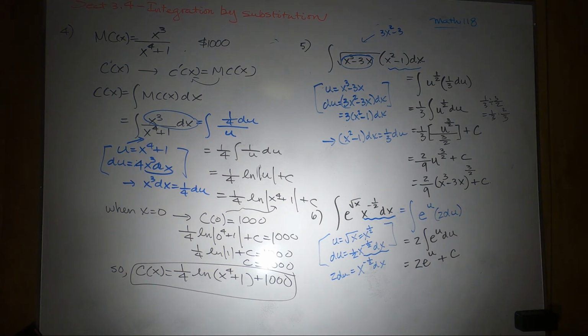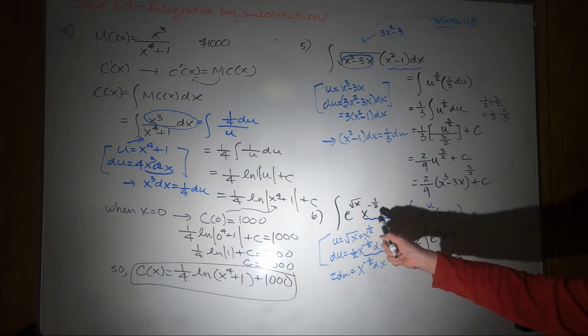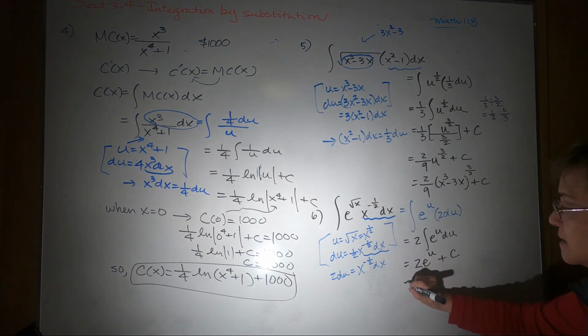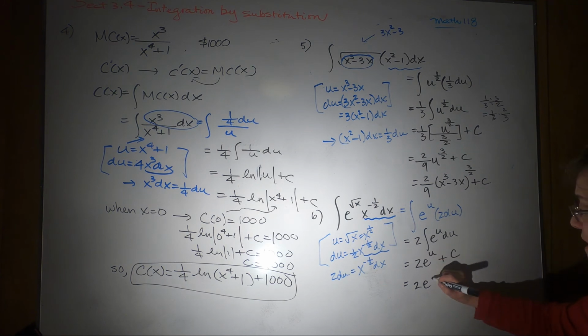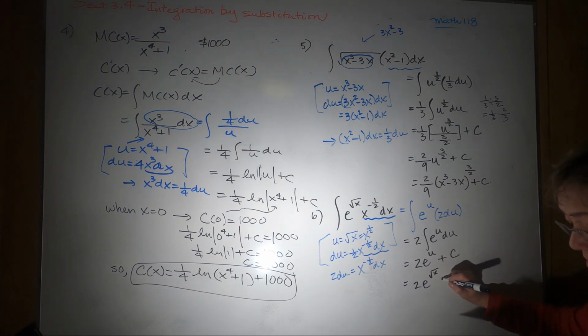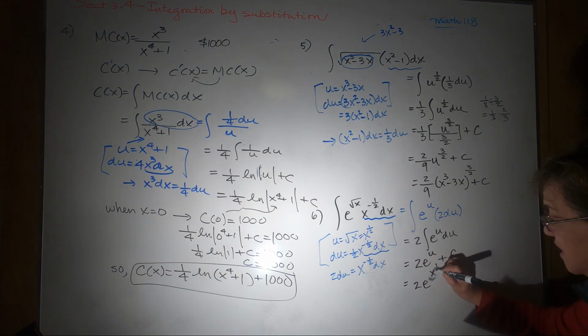Okay. But you don't leave the answer there. What else you need to do? Put it back to x, because that was the integration for x. So that would be 2e to the, this is x to the half. It's the same thing as this. Or I can just write x to the half. They are the same.